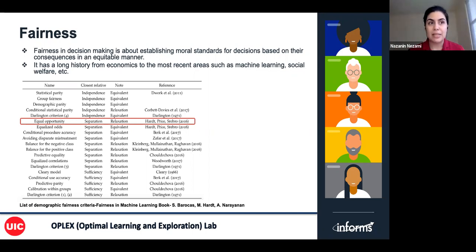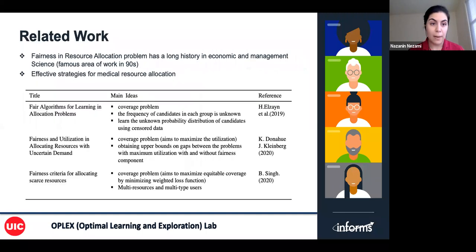So this really means that if we want to have an effective allocation model, we need to allocate resources in an equitable manner. So people who lie in different demographic groups need to have equity in access to these resources.